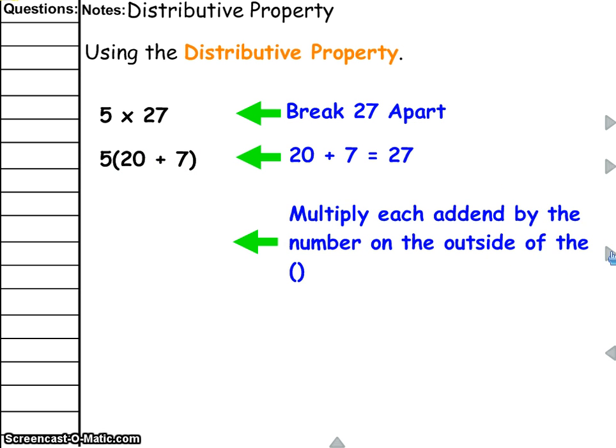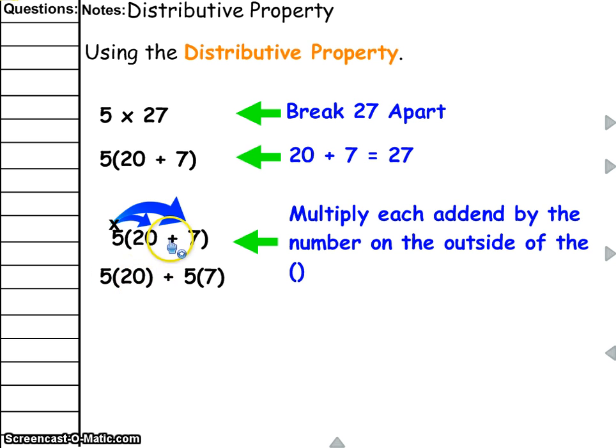Now we're going to use the distributive property to solve this problem. We're going to multiply each addend by the number on the outside of the parentheses. So that means we're going to take 5 and multiply it to 20, 5 times 20, and then we're going to take 5 and multiply it to 7, 5 times 7.